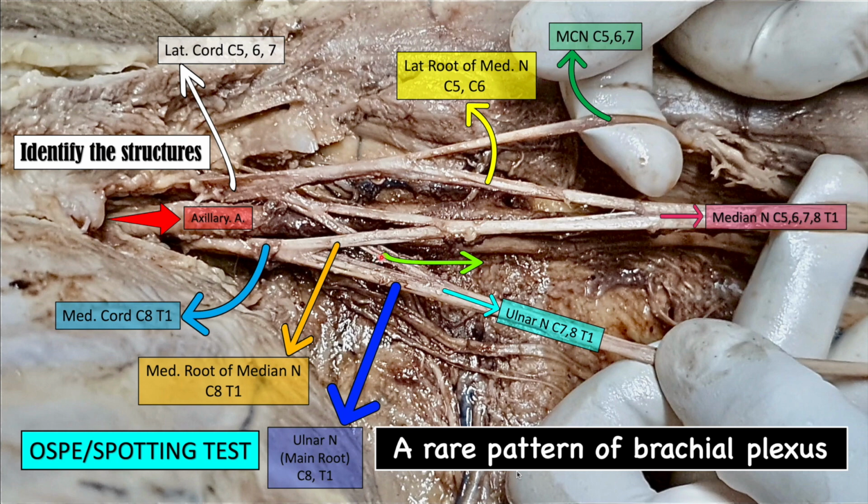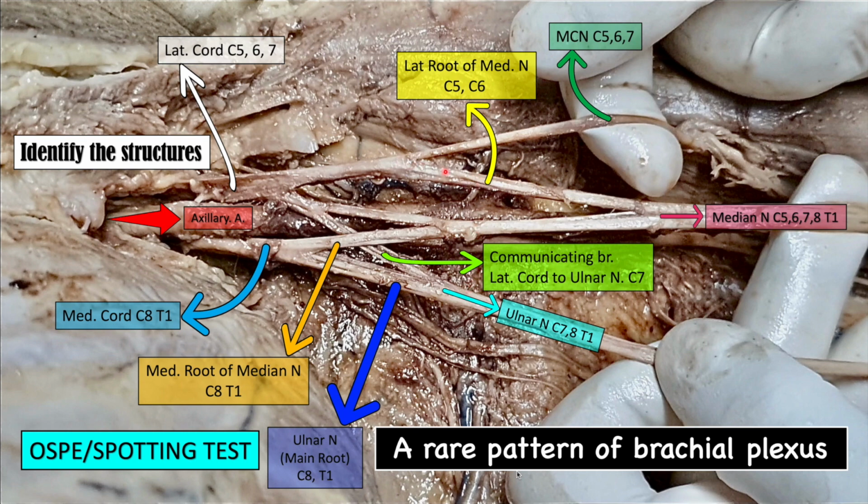So this is a communicating branch from the lateral cord to the ulnar nerve. That's how the C7 component to the ulnar nerve is provided, actually not always, either from the lateral cord directly it reaches the ulnar nerve with C7, or sometimes from the lateral root of the median nerve.